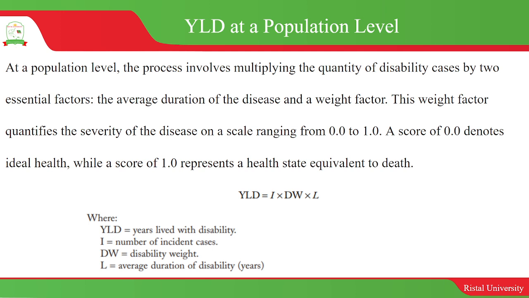That is the number of incident cases. Then we look at, on average, how long does it take for the fracture to heal? This is in years, and then the disability weight. When we multiply the duration, the incident cases, and the disability weight, we get the years lived with disability.